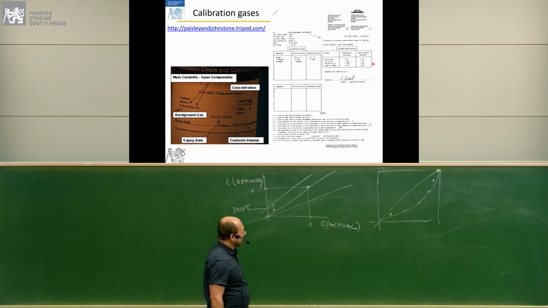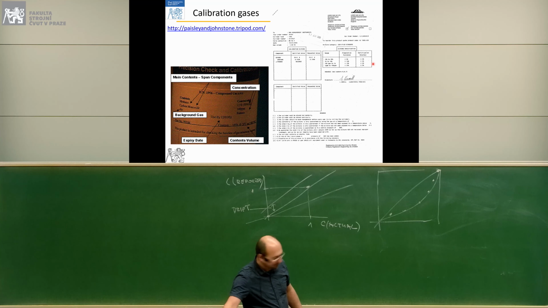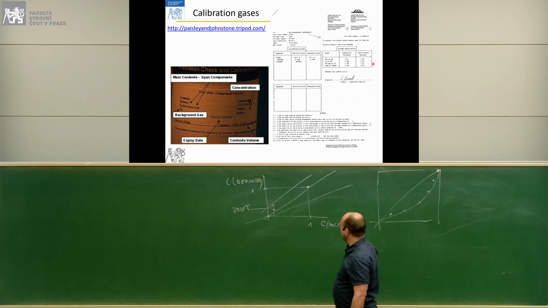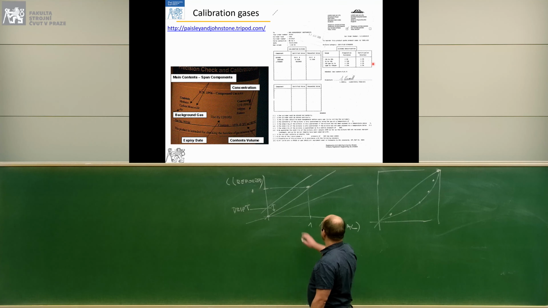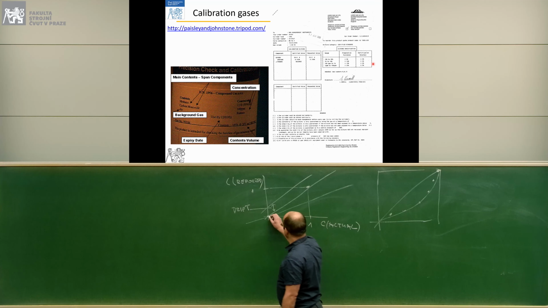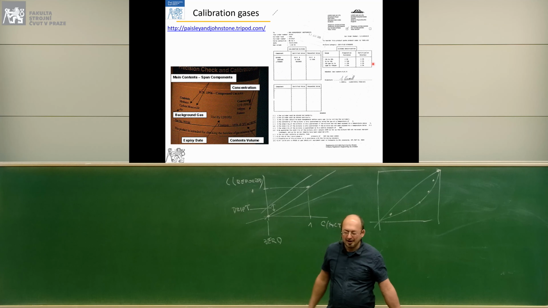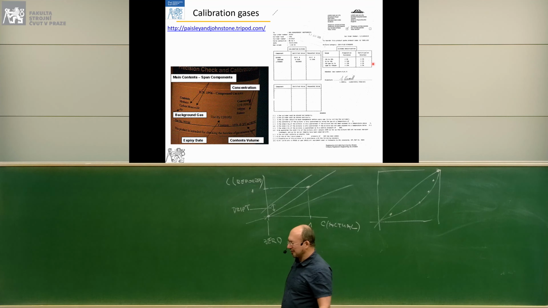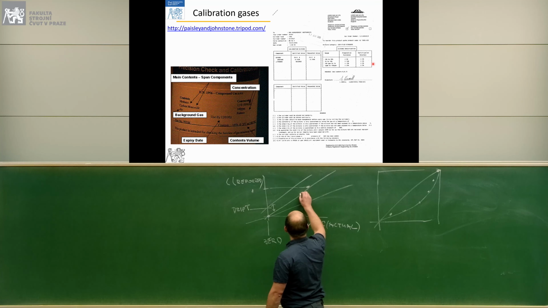Typically, if you have an instrument with a 100% measurement range, then you do zero calibration. That's easy to do. You supply it with dry nitrogen or synthetic air. Synthetic air is a mixture of nitrogen and oxygen.